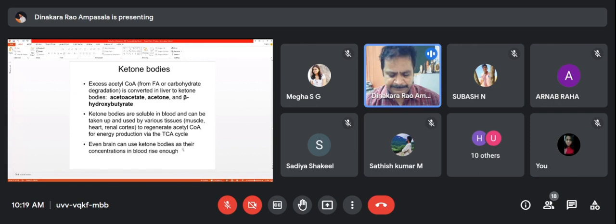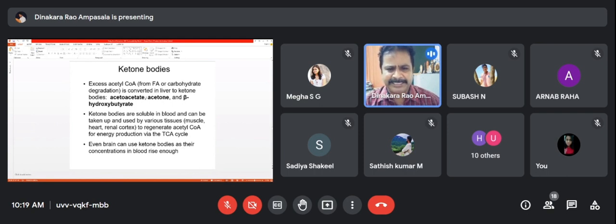So now, ketone bodies. Once fatty acids degrade to acetyl-CoA, if more fatty acid degradation occurs inside the cell, more acetyl-CoA molecules will form. They may enter into the Krebs cycle or may convert into a kind of molecule known as ketone bodies.